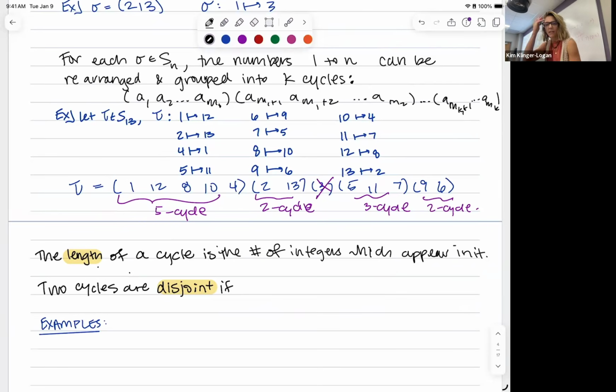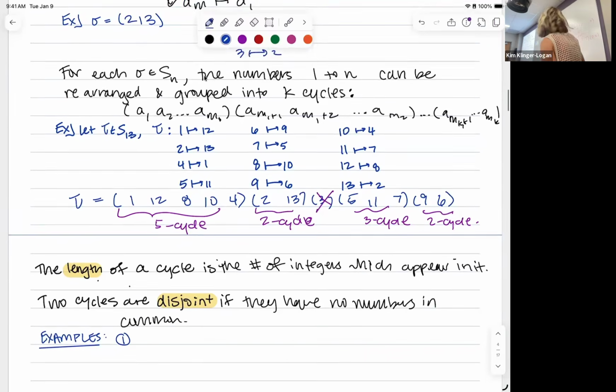Cycles are disjoint if they have no numbers in common. So let's look at an example of what we mean.